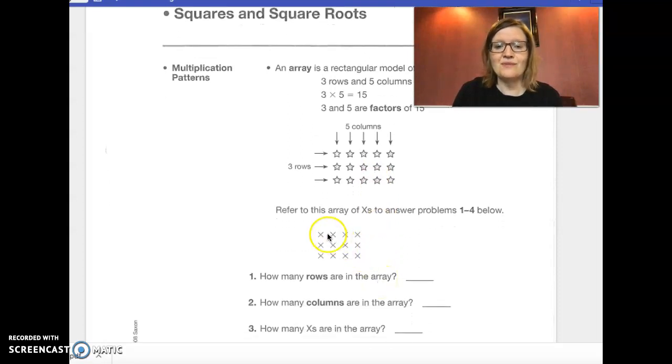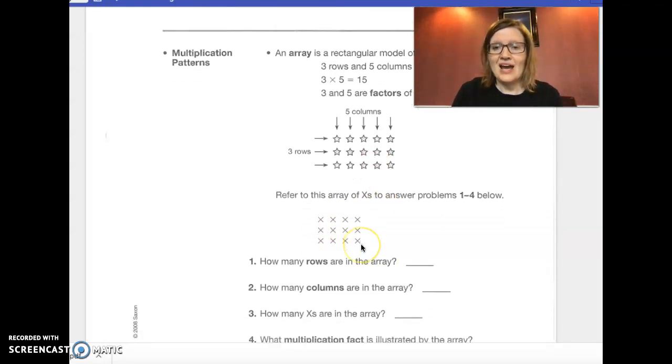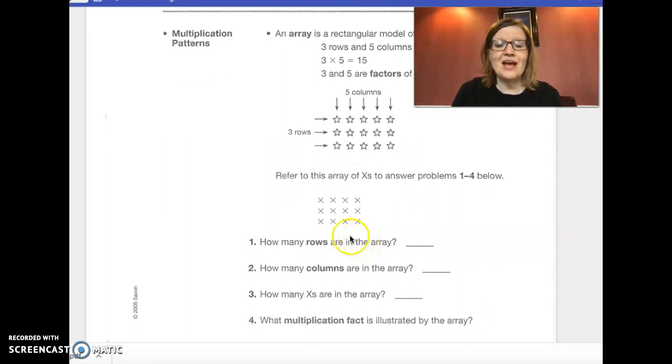Here we have an array, and we're going to work on this. How many rows are in this array? I can see 1, 2, 3. So I'm going to put 3 rows. How many columns are in this array? I'm counting this 1, 2, 3, 4.